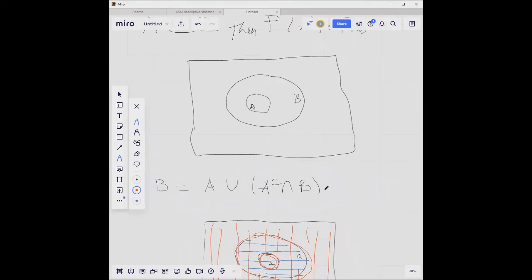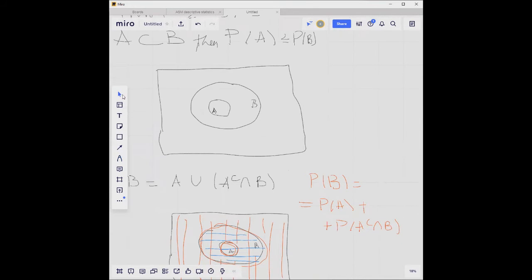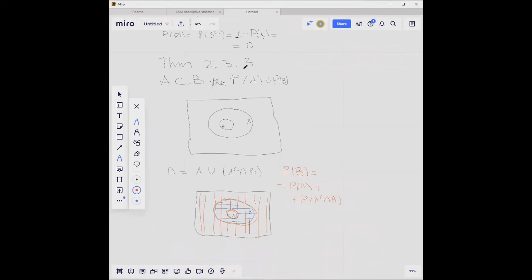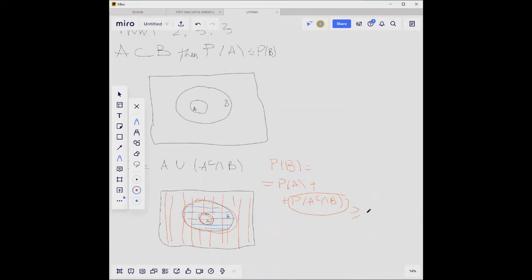So by axiom number 3, the probability of B is equal to the probability of A plus the probability of A complement intersection with B. All right, now we have to show that the probability of A is less than or equal to the probability of B, since from axiom number 1, we know that the probability of an event cannot be negative, meaning that we have proven our theorem number 2.3.3. Okay, since this is non-negative.